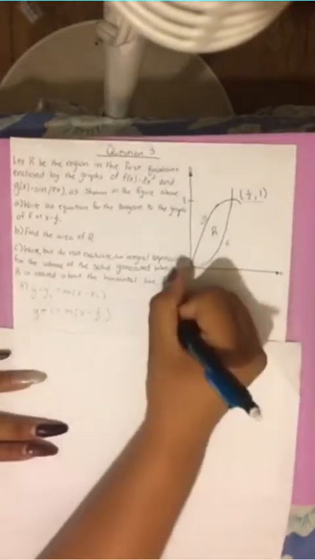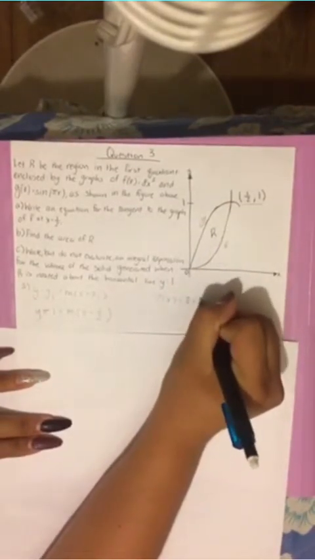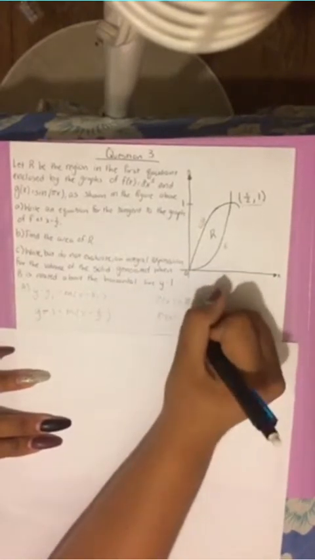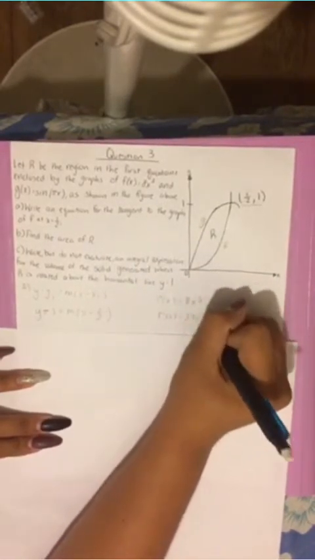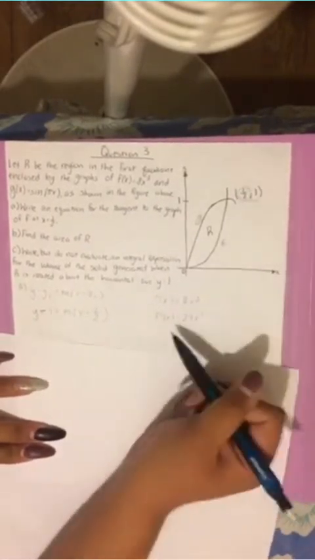So we know that f of x equals 8x cubed. We need to differentiate that to find our slope. So f of x equals 8x cubed, and we're going to differentiate that, and it's going to be 24x squared. So we're going to plug 1/2 into this.